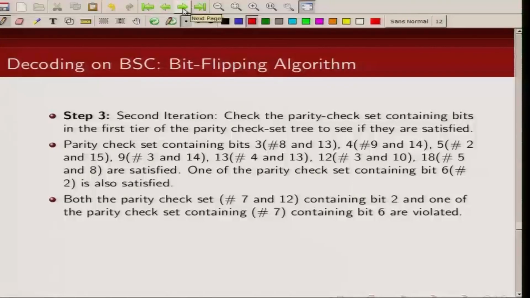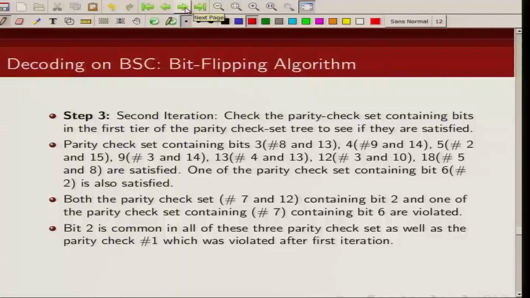Then in that case, what do we do? We are going to flip the bit. Again, one of the constraints containing bit 6 has bit number 2 and it was not getting satisfied. So bit 2 was common in all the parity check sets which were not getting satisfied.